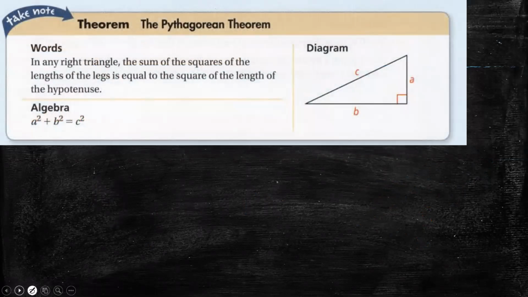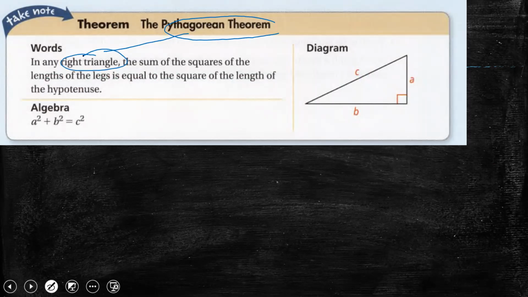So what is his theorem? In any right triangle. You must know that the Pythagorean theorem is only used in a right triangle. In an obtuse triangle, you cannot. Or in an acute triangle, you cannot.